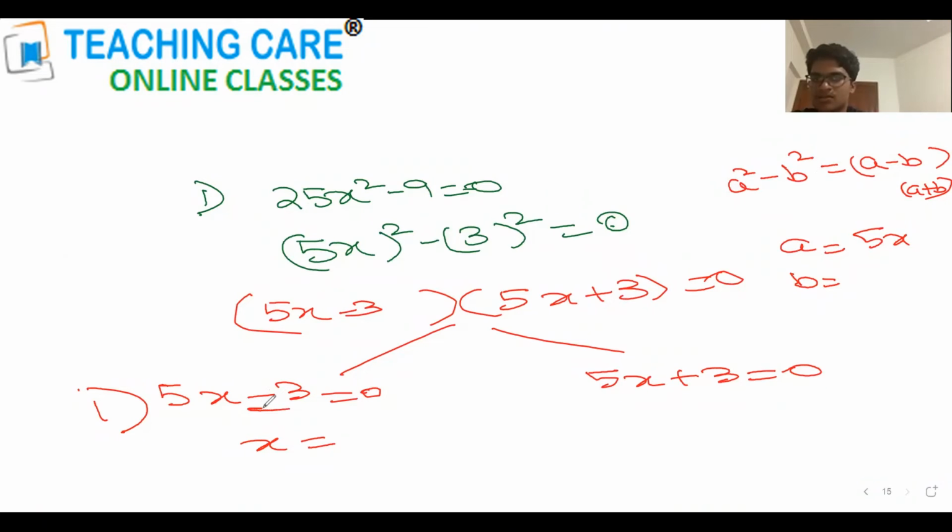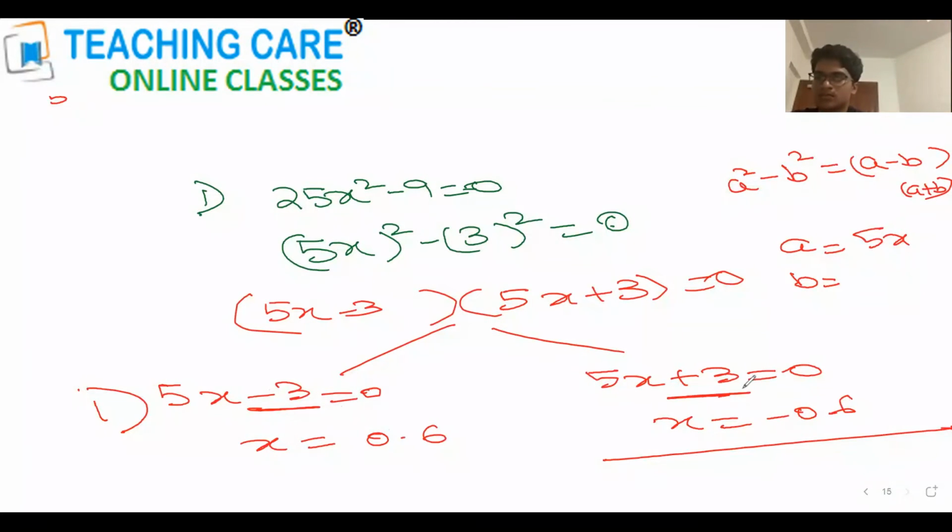But if we already have negative here, don't we add 3 to that side? Oh, so positive 0.6. And here we have negative 0.6, right? Yes, this plus 3 will be taken there and become minus 3, right? Yeah. Okay, try this one.